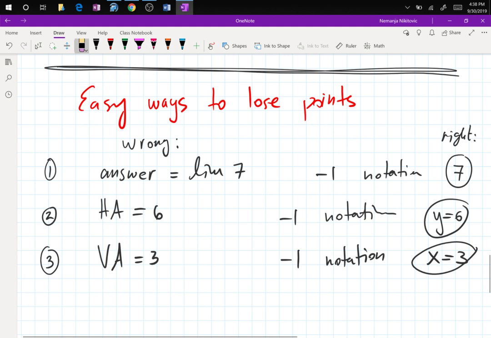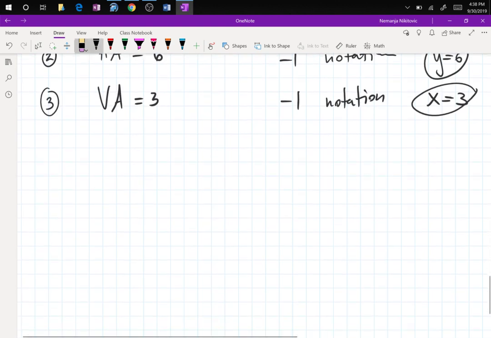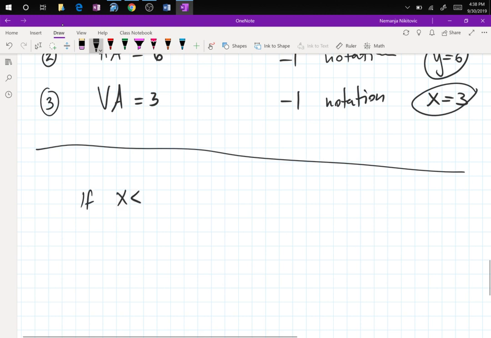So this is an example. It was something like this. If x is less than 1, then the limit of the function equals 0, okay? And then the second part of the function was if x is greater than or equal to 1 and less than 4, then the limit is x squared plus 1. Give me one second to fix this.